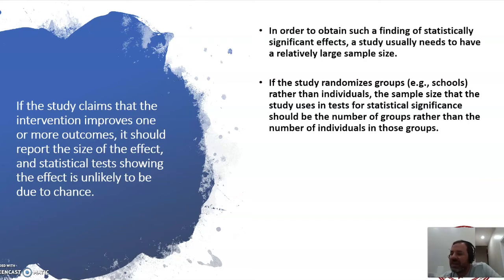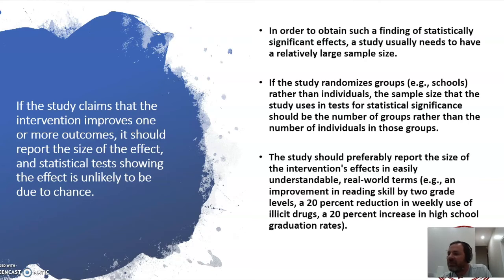Example: if a study randomly assigns 2 schools to an intervention group and 2 schools to a control group, the sample size that the study should use in tests for statistical significance is just 4, regardless of how many hundreds of students are in the schools. And it is very unlikely that such a small study could obtain a finding of statistical significance.